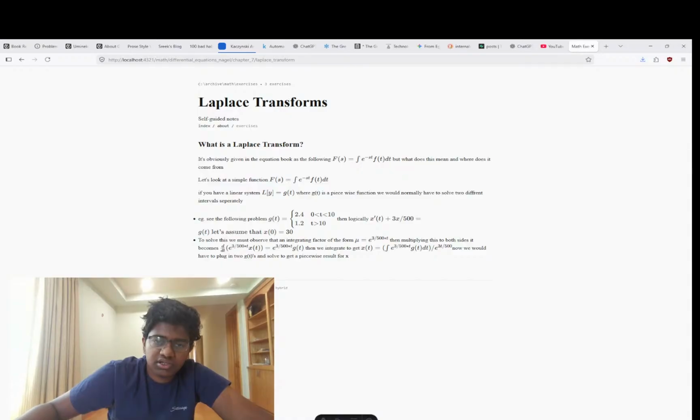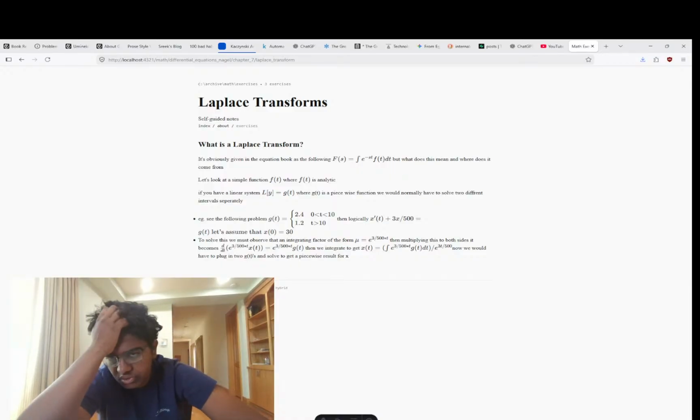Maybe instead of f of t, I could write it again like this, where f of t is analytic.